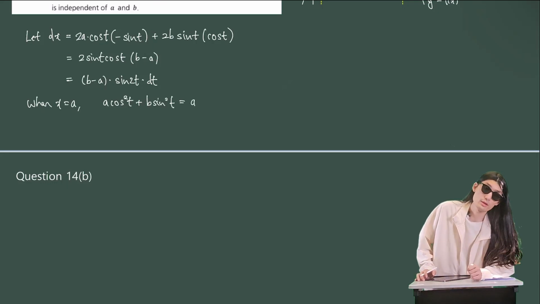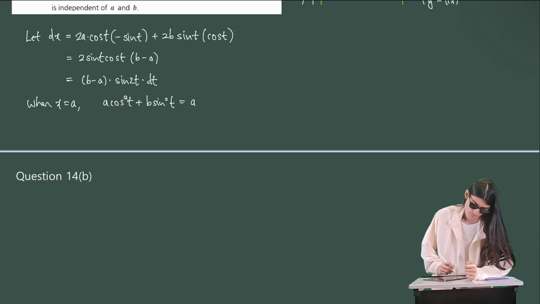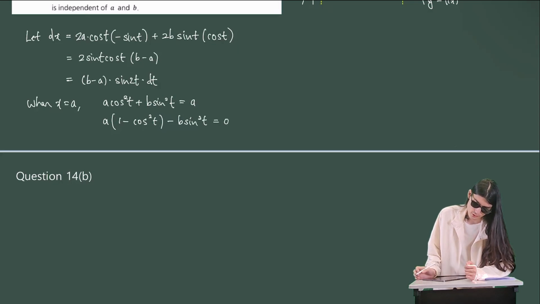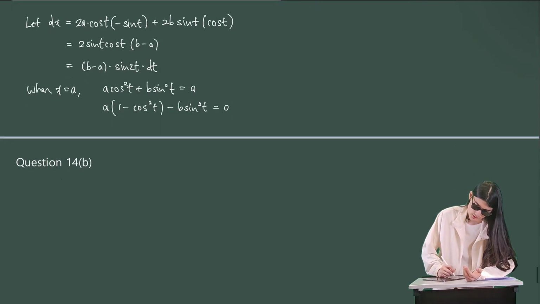Now let's find what the value of t here is equal to. So if I move everything over to one side, I get the following equation. But you can note that 1 minus cos squared, that's sine squared. So sine squared is a common factor that I can factor out like this.